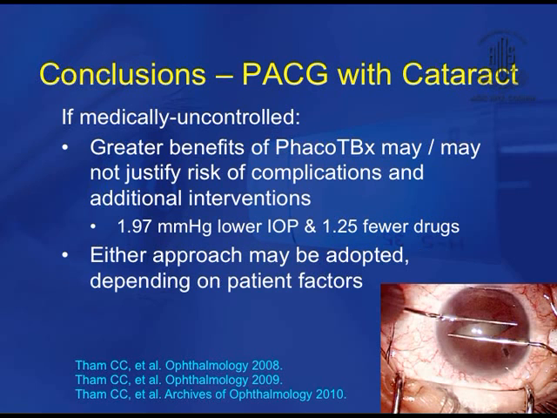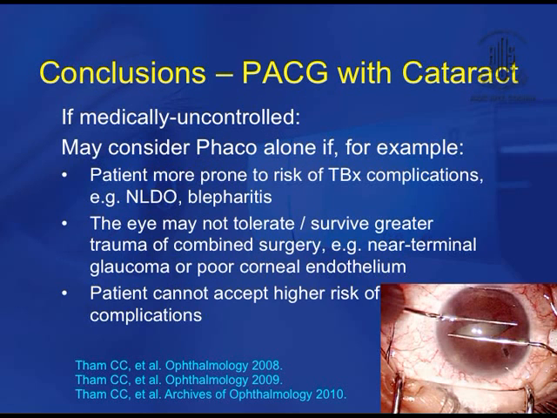Whereas if the cases are medically uncontrolled to start with, the greater benefits of combined surgery may or may not justify the risk of complications and additional interventions. And in this situation, either approach may be adopted, depending on patient factors.